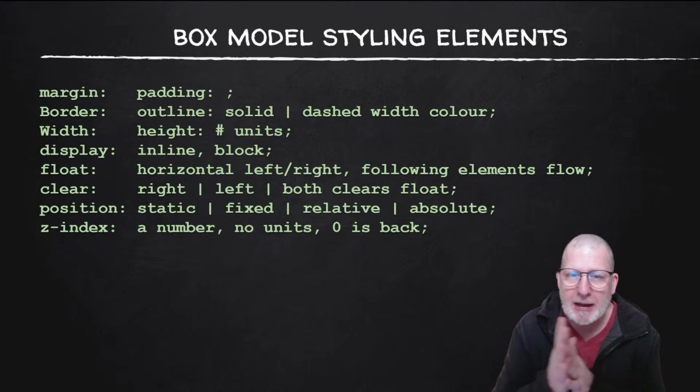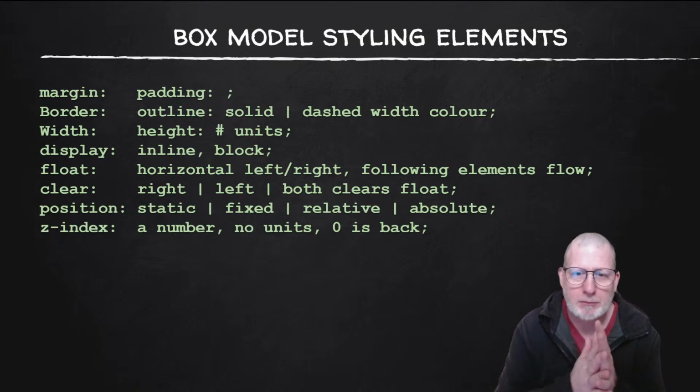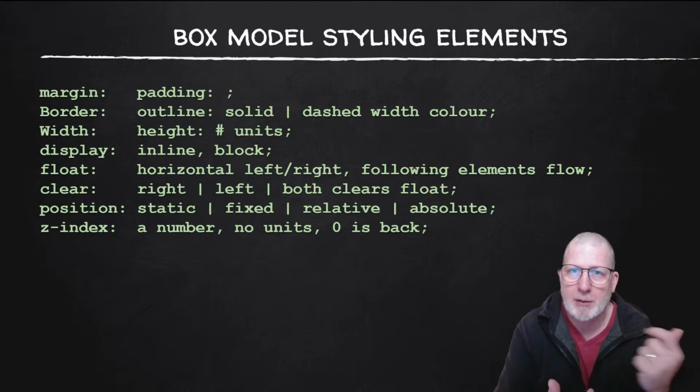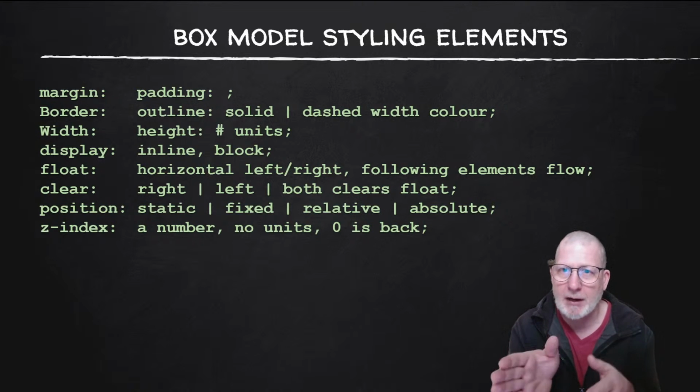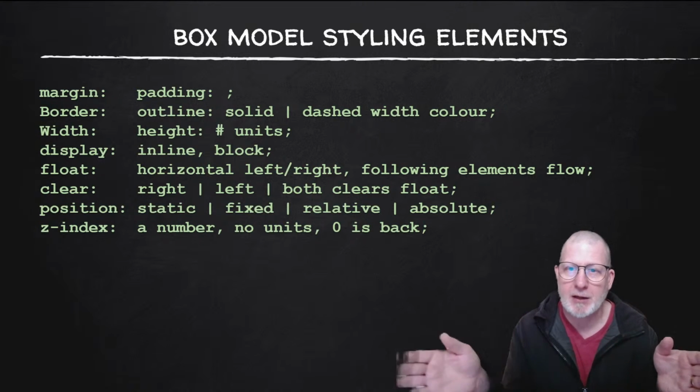The display attribute actually has 4 different settings, but the default 2 settings are inline and block. Inline being left to right, block being top to bottom. There is an inline-block that does both, which is commonly used. And it means divs will fill the page from left to right as long as they fit in the page width.